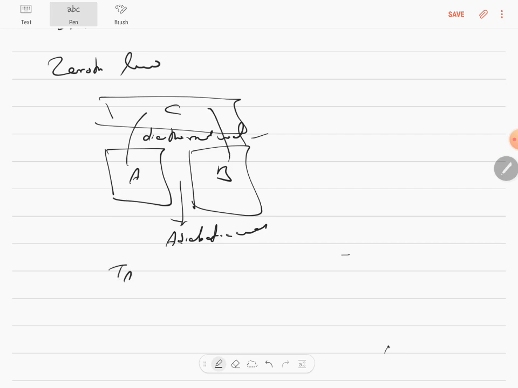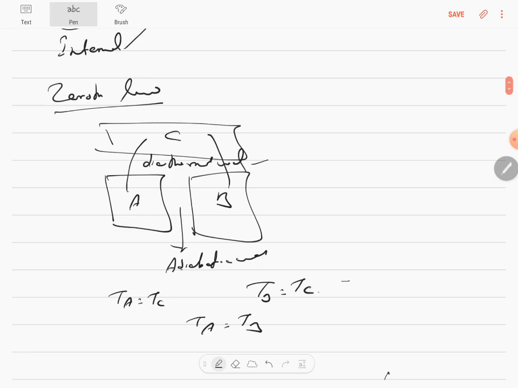So therefore TA is equal to TC. Temperature at A will be equal to temperature at C, and temperature at B will be equal to temperature at C. Therefore TA will become equal to TB. This is the zeroth law, where they say that temperature is that physical quantity whose equality is a necessary condition for a system to be in thermal equilibrium. The keywords are physical quantity.